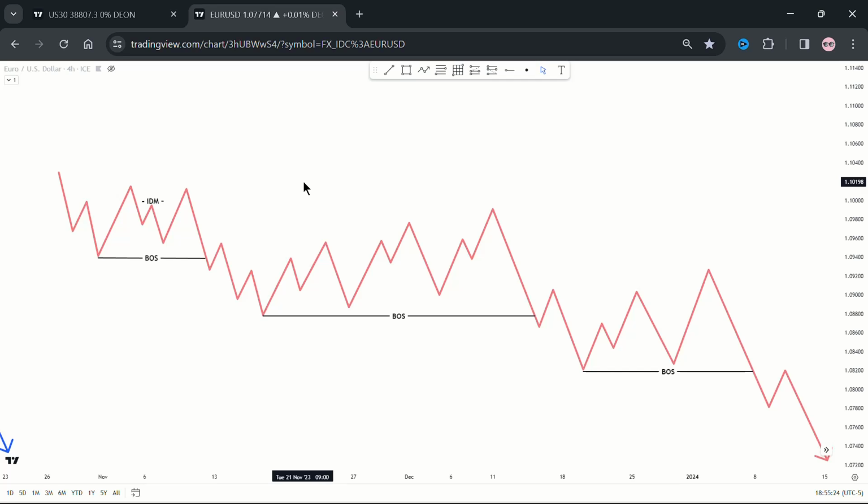But for me, I use the 4-hour chart. It gives me something closer to where I am. So here, this is on the main time frame. On the main time frame, inducement is here.